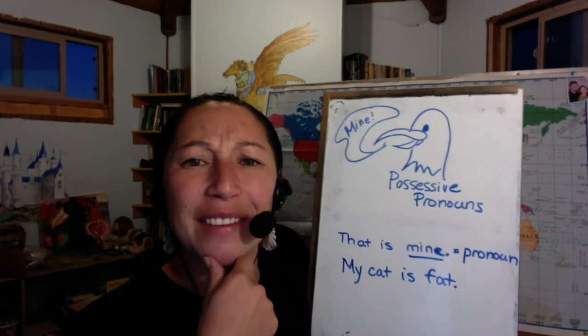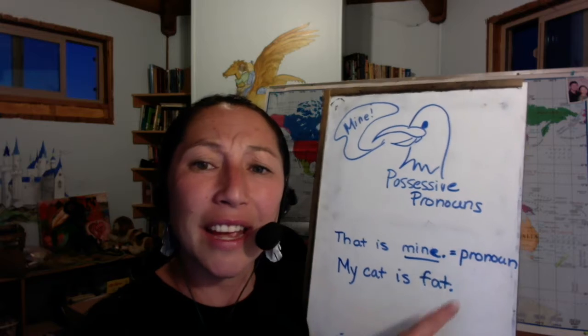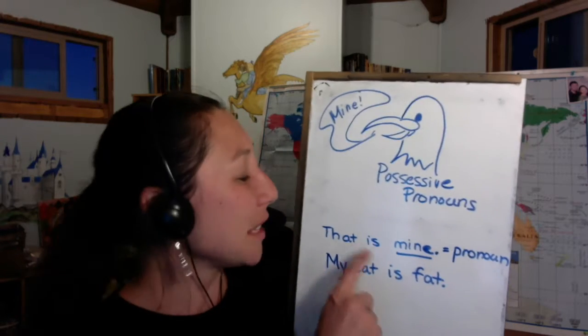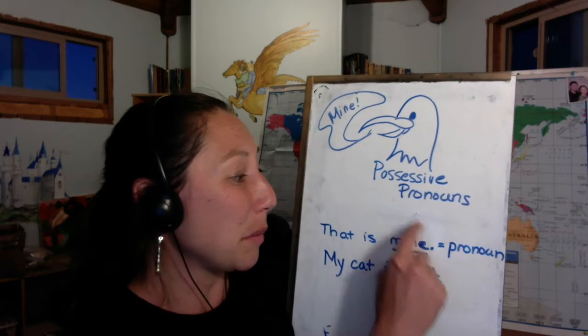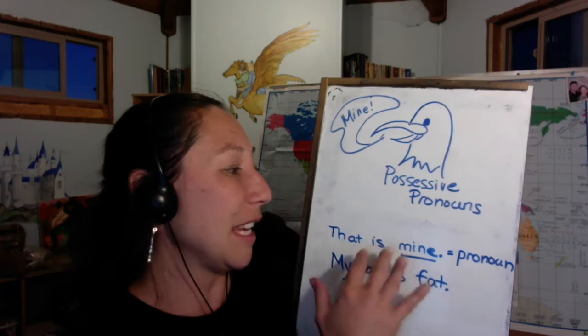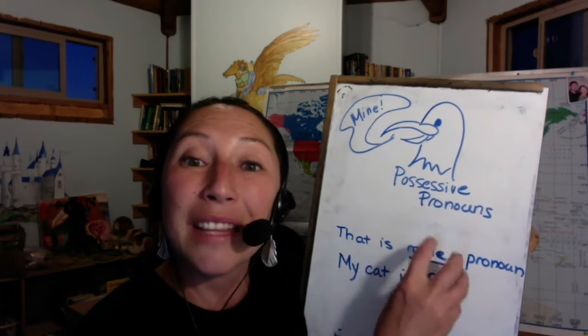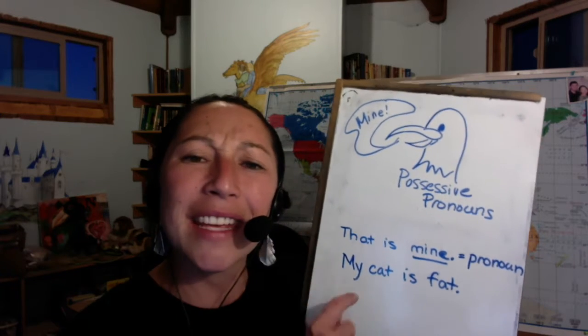How can I tell the difference between possessive pronouns to identify it as just a pronoun or maybe another part of speech? So let's take a look at this sentence. That is mine. Mine replaces my name. Instead of saying that is Heather's, I say that is mine. So when it replaces a name, I could say it's a pronoun because it replaces a noun. But take a look.